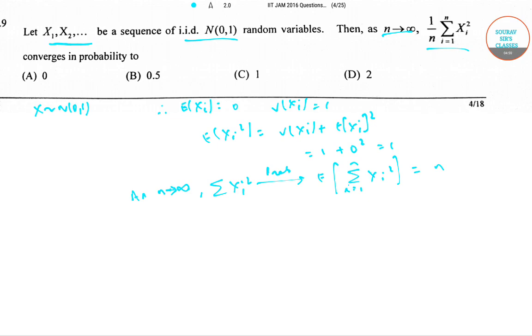Since expectation Xi squared is equal to 1 and i ranges from 1 to n, thus this expectation comes to n. So, as n tends to infinity, 1 by n summation Xi squared would tend to 1 by n into n, which is equal to 1. Therefore, the correct option is option C.